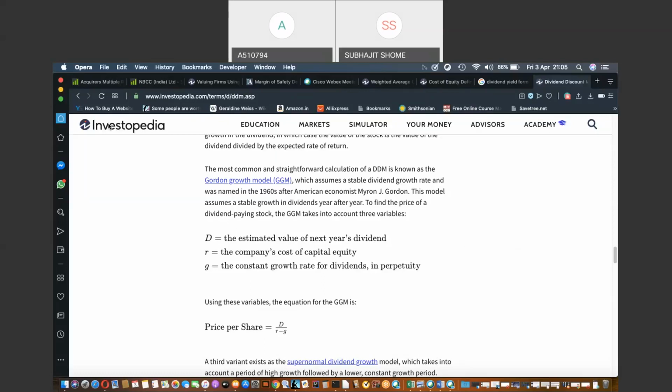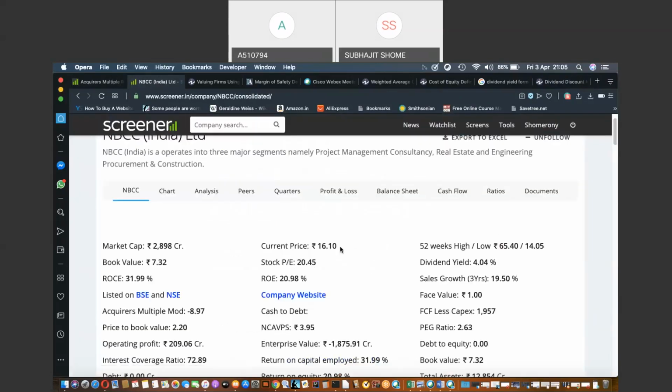So is the price less than 8.8? No, it is not. It is 16.1, much more than 8.8. So we do not invest in this company at this particular point.